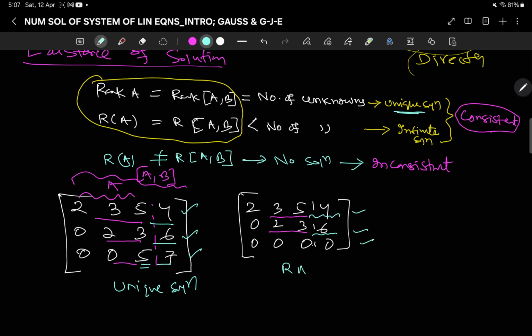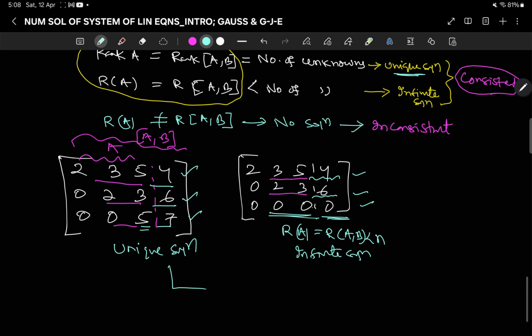So rank A is equal to rank AB, but it is less than n, the number of unknowns. So here it is an infinite solution, because the last row 0 equal to 0 is valid. One row is missing to find 3 variables. In both the cases it is consistent, meaning the solution exists.